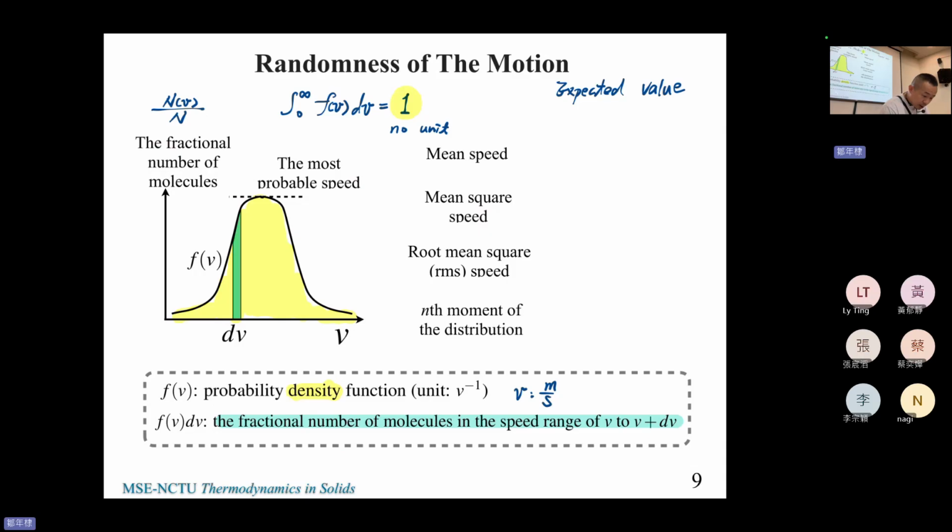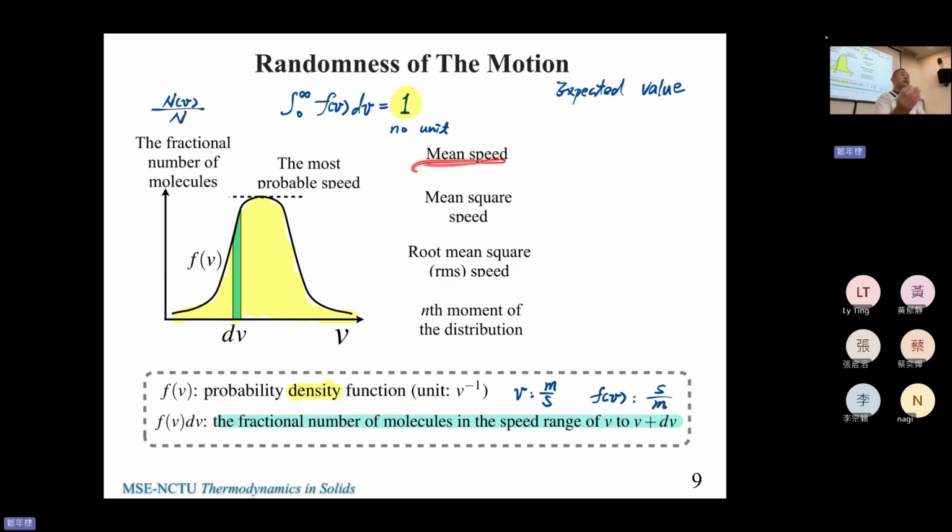So f(v) has a unit of seconds over meters. So this is the inverse of velocity. Okay, be careful. So now you know that this is probability density. You need to do the integration over the range from V1 to V1 plus the range of v to get the probability.